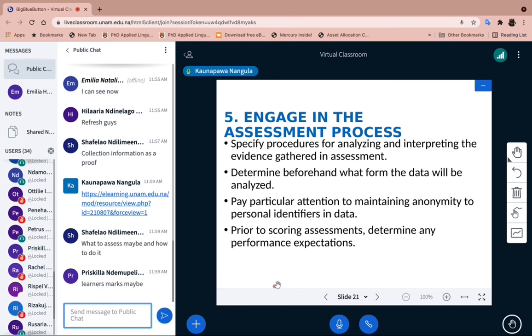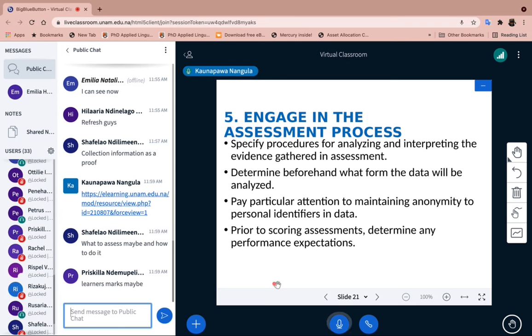Where were we? Determine beforehand what form of the data will be analyzed. Sometimes we collect a number of data, like let's say you gave the learners a test, a presentation, a number of assessments.